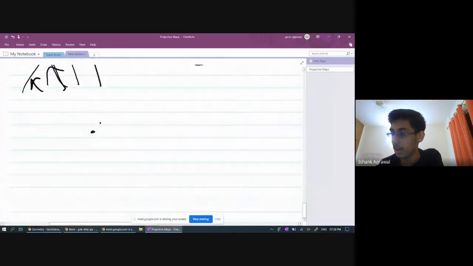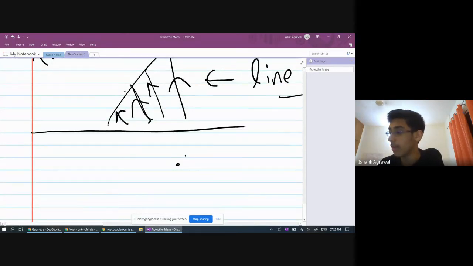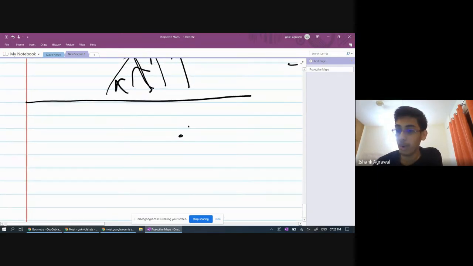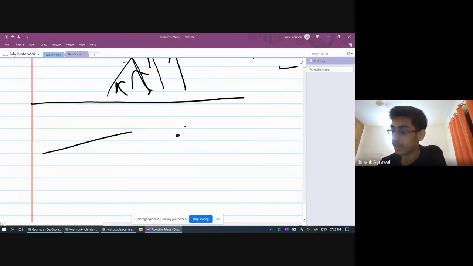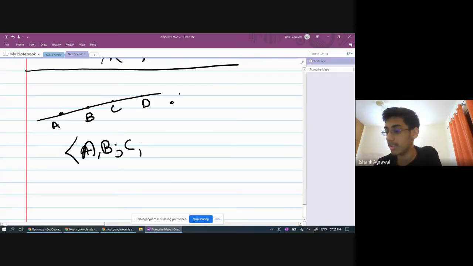So now I want to go on to another definition of a projectivity. But before we go, I'm going to introduce the cross ratio. So what is a cross ratio? Given 4 points, A, B, C, D, the cross ratio of A, B, C, D is defined as AC by BC multiplied by BD upon AD.